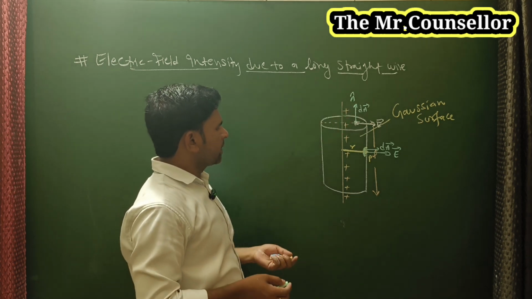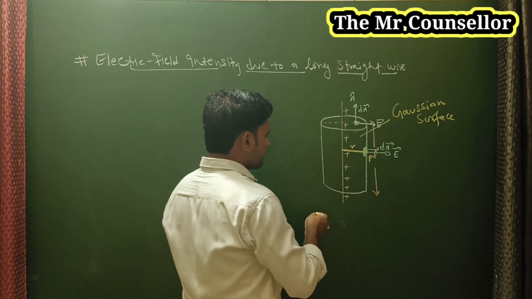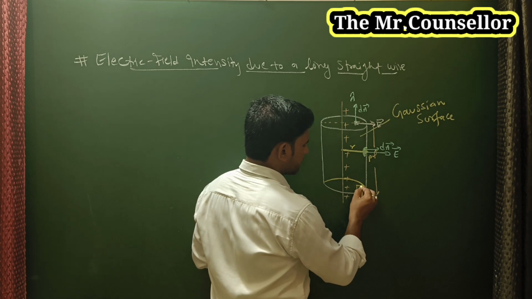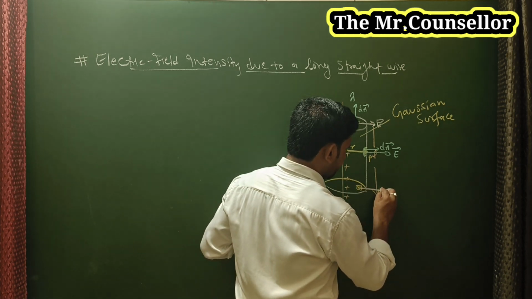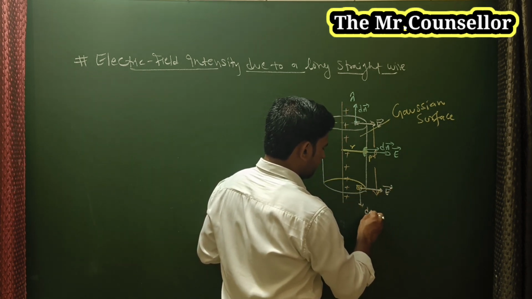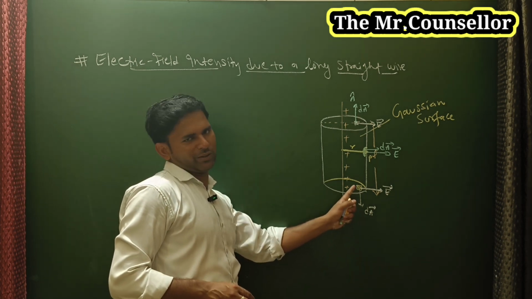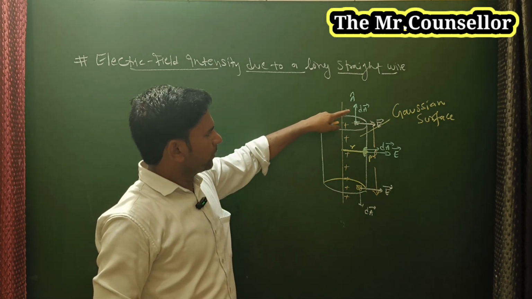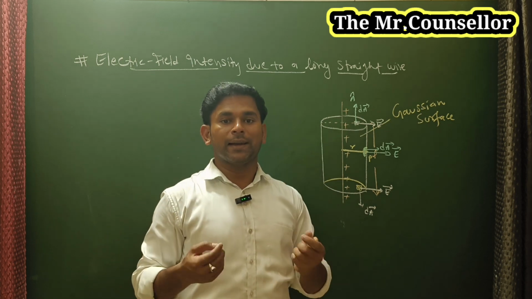Similarly, we can take another surface here also. This is the electric field, and this is the direction of the area of that small portion. Clear? It means you have three points where you are going to find electric flux.